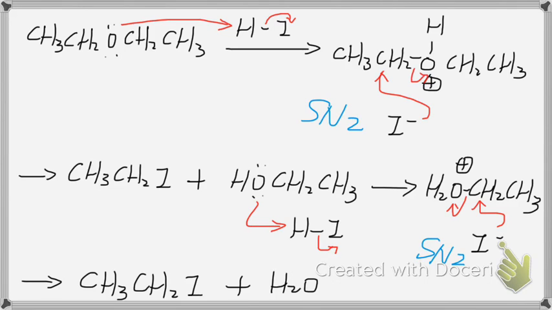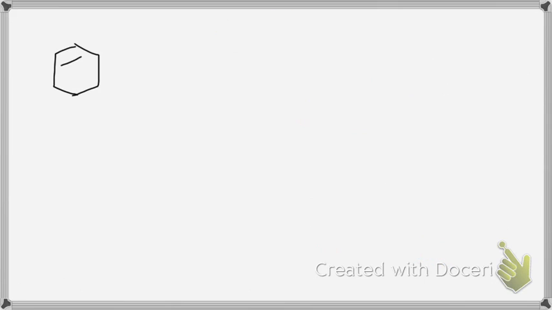The halide will replace the oxygen on the alkyl group. It's pretty straightforward, okay? So the ethers will be cleaved under acidic condition like this.